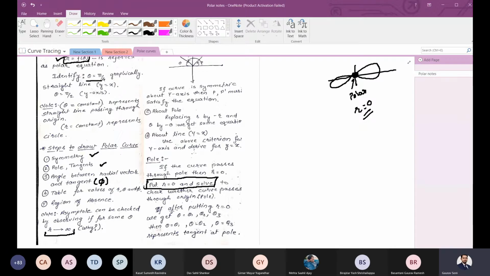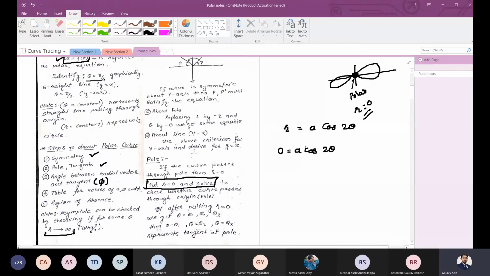And whenever we are going to do that, I will make an equation over here. Say I have the equation r is equal to a cos 2 theta, for example. I need to check whether this passes through the pole. I put r equal to 0, so a cos 2 theta equals 0.